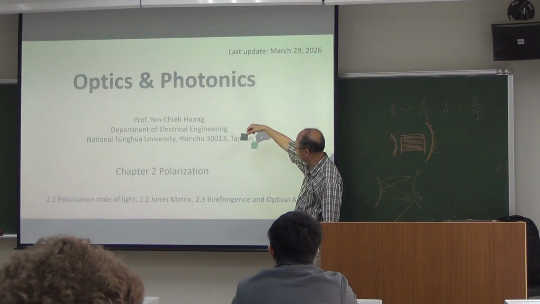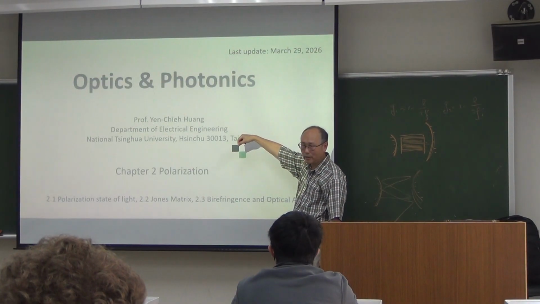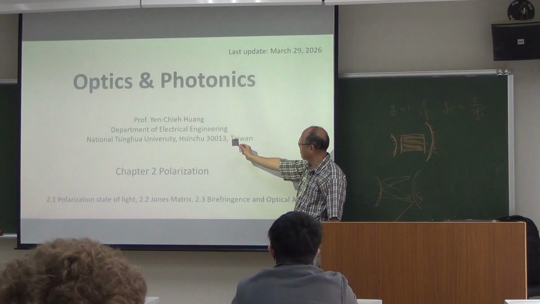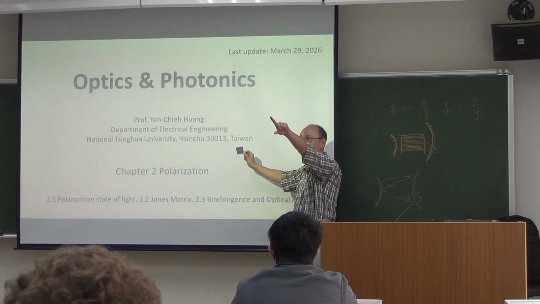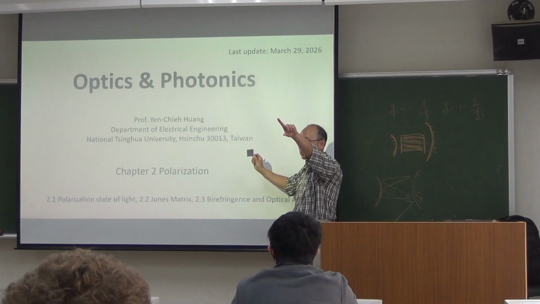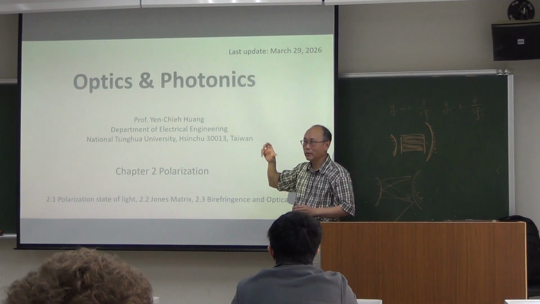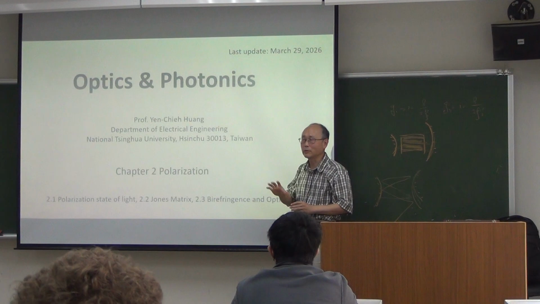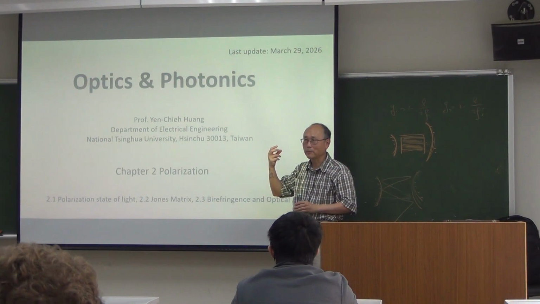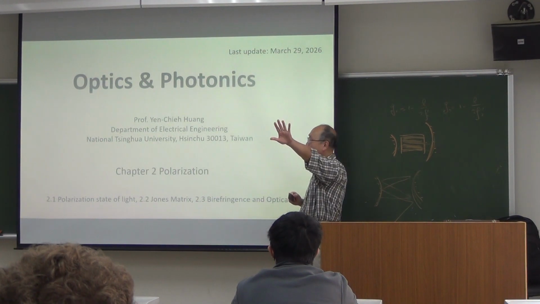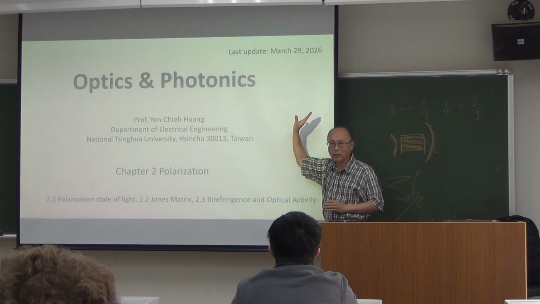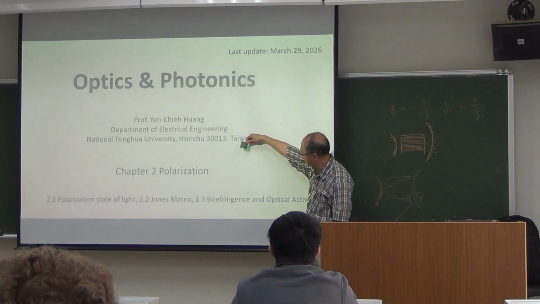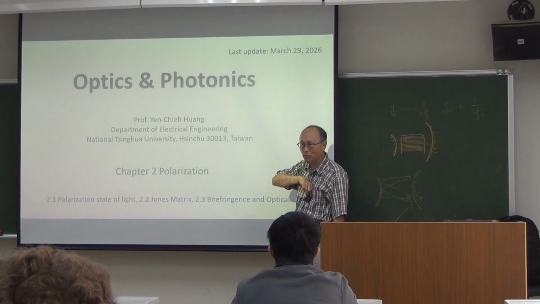So if I put a polarizer, you see green color. If I rotate it, you see the color change. So this means that something is doing some trick in the projector. It quickly changes the polarization, or there's some mechanism controlling the polarization so that you see different colors on this screen. Okay, if I don't do it, it's white light.